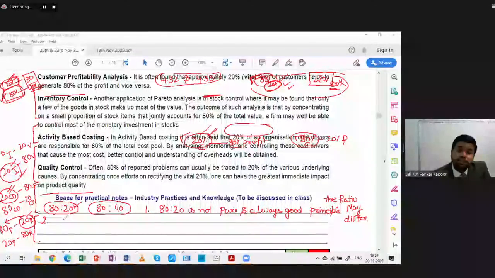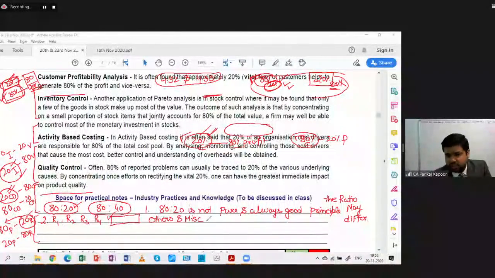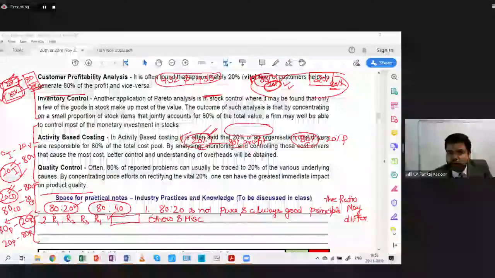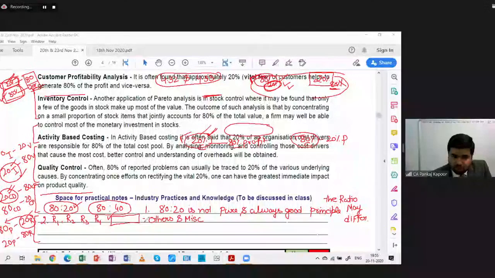Good. Second, while writing down the defects, while writing down reason 1, reason 2, reason 3, reason 4, likewise as we solved the question in which we saw the various reasons for defects: if you find there are some defects which are not of significant value, and you made a head called others and miscellaneous, as we solved in a question where there is one head, other defects and miscellaneous defects, you need to ensure that the percentage of defects under this miscellaneous or other category shall not be more than 20 to 25%.